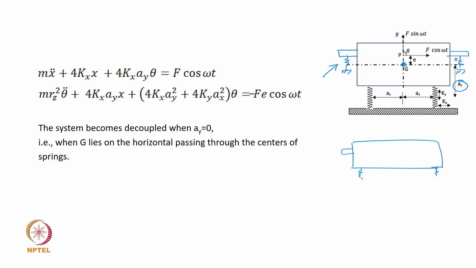is an alternative is that you support it here, no problem, right? You support it here, but you attach a heavy concrete mass, so that you shift the cg from here to here.